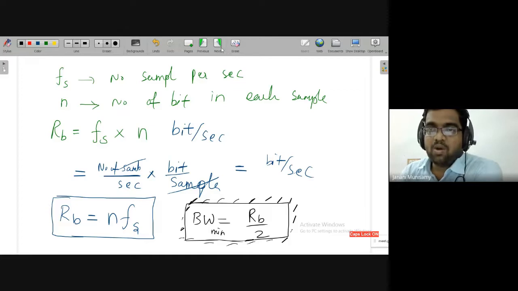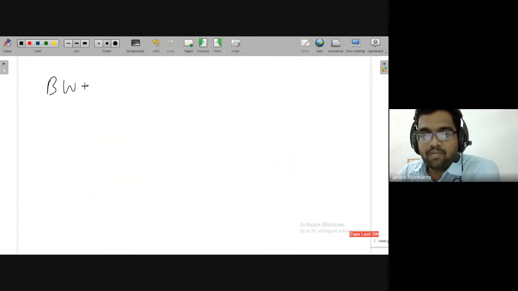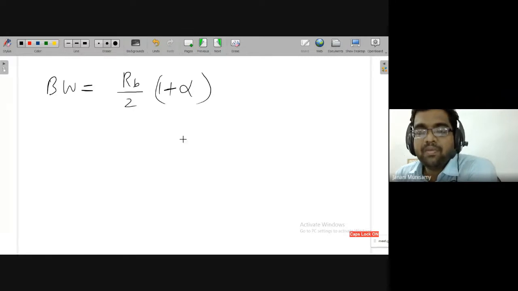Again, this formula will be modified a little bit. Sometimes they will mention RB by 2 times (1 plus alpha), because a raised cosine filter is involved. Alpha varies from 0 to 1.